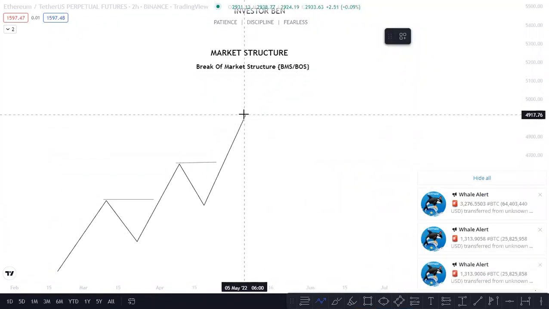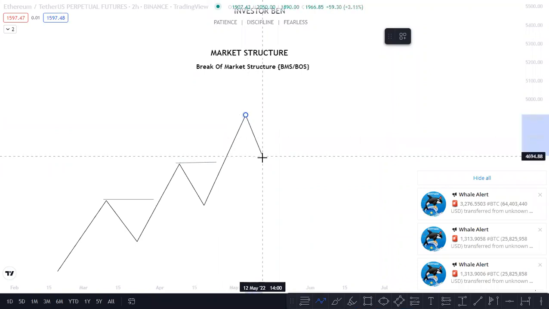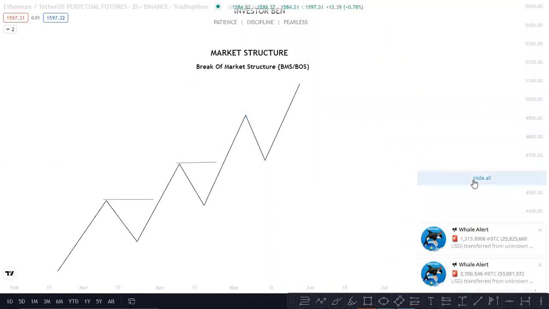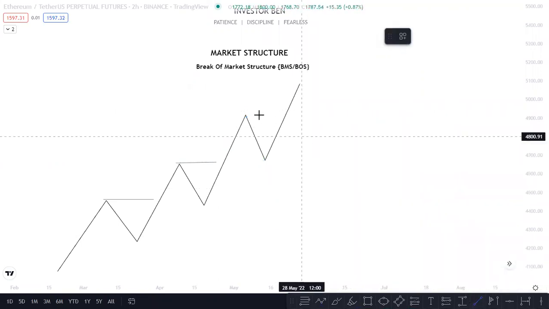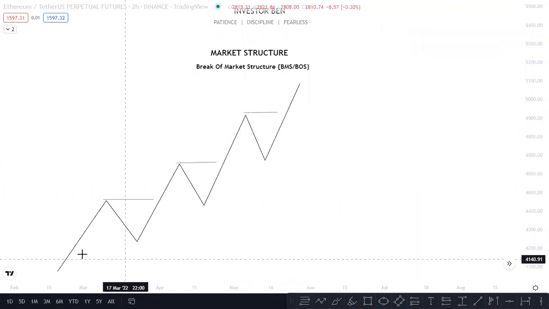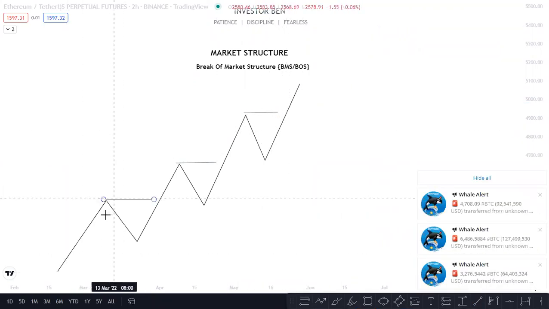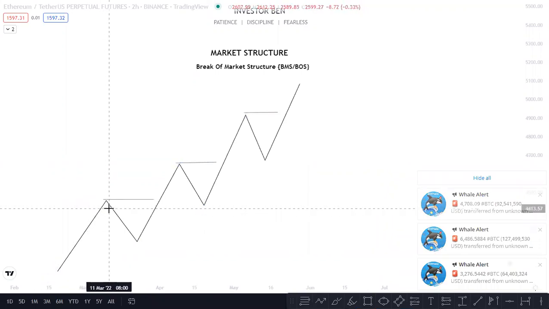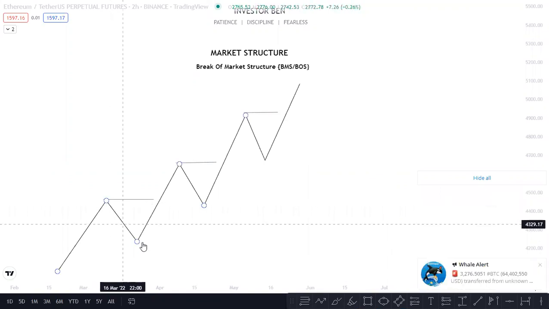So as price keeps on breaking highs to continue the trend. Remember, price is breaking highs to continue the uptrend. You have your lower high, your higher low, and your higher high like that.